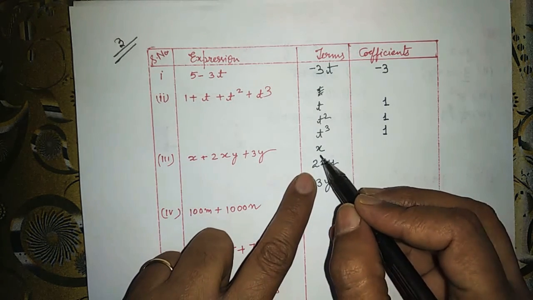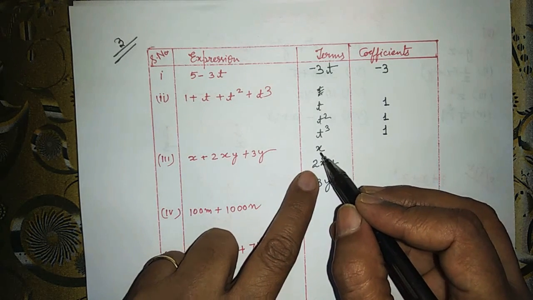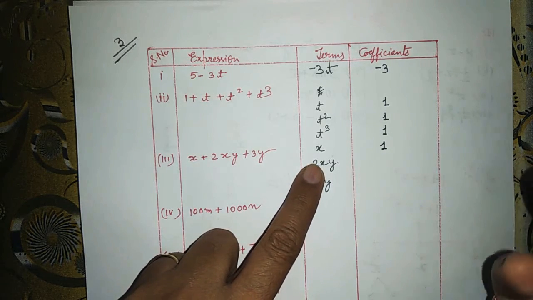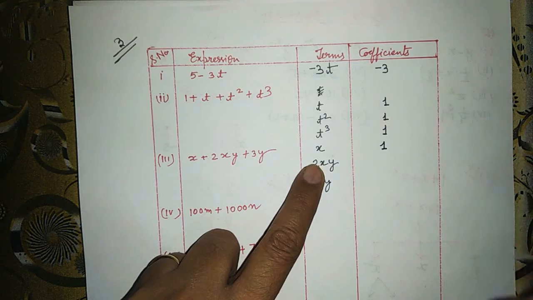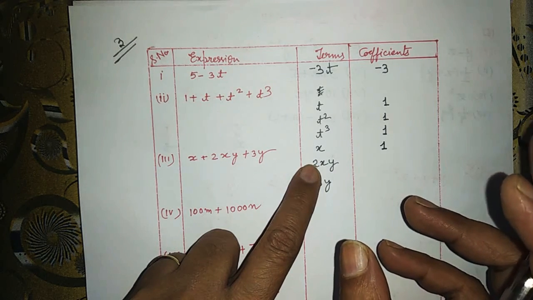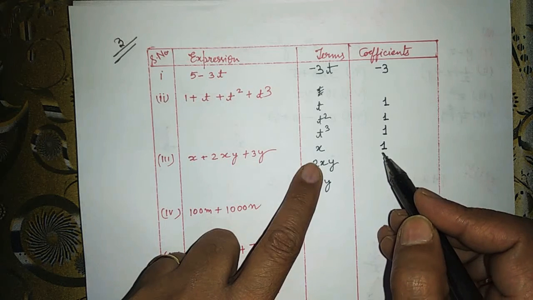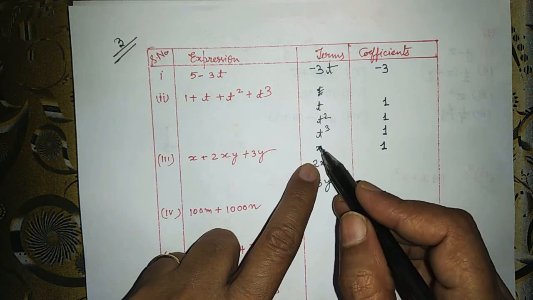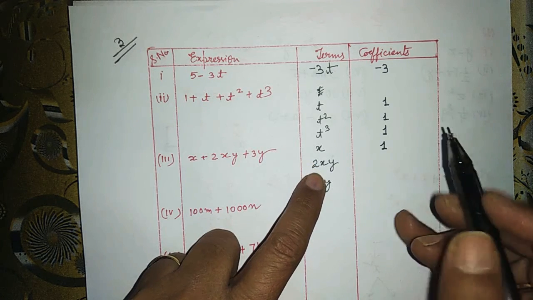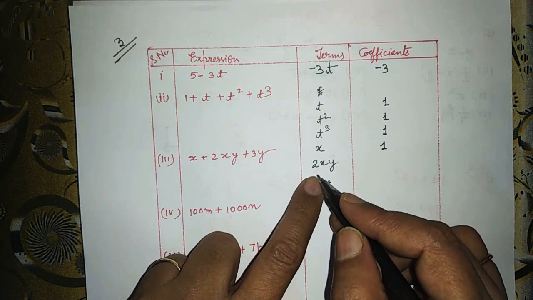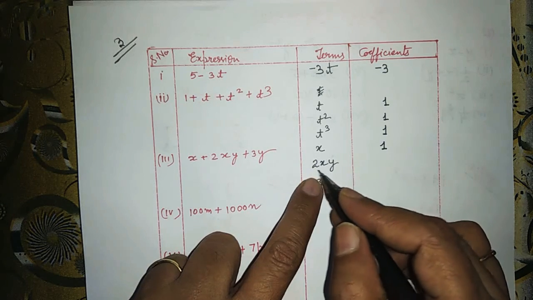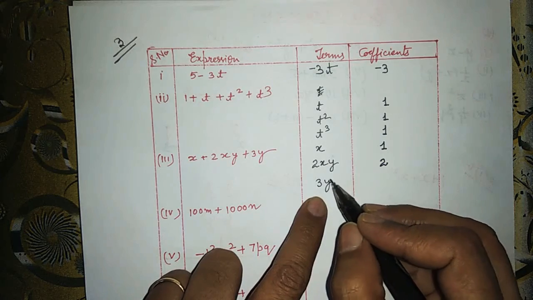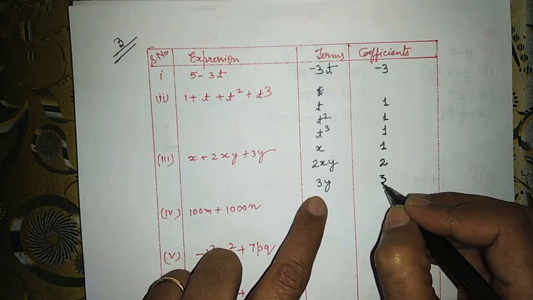The numerical coefficient of x is 1. x means what? 1 into x. 1 is a factor of every number, you know this thing. So here we will write 1. The coefficient of the term x is 1, the numerical coefficient of 2xy is 2, and the numerical coefficient of 3y is 3.